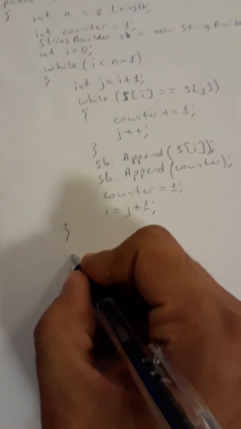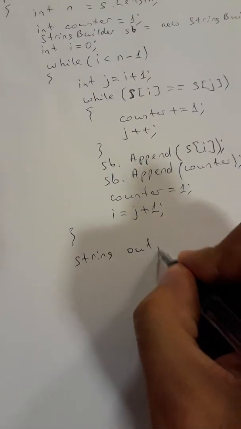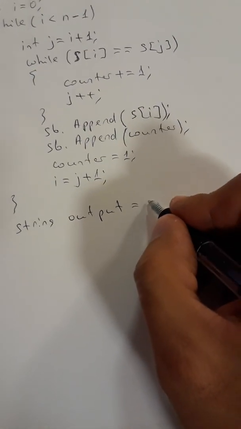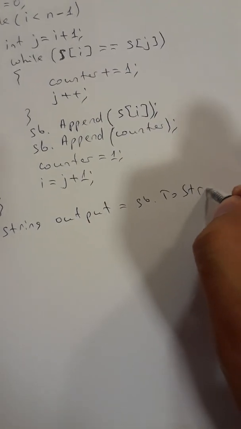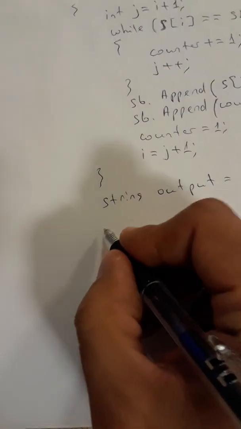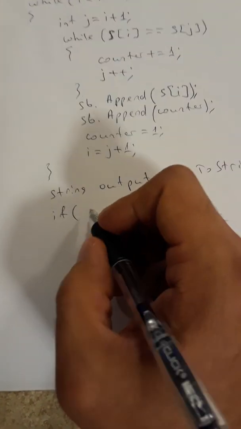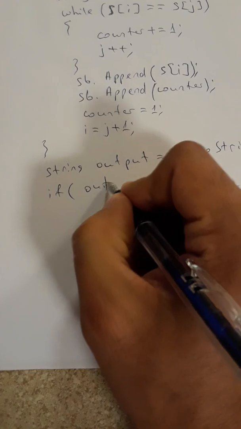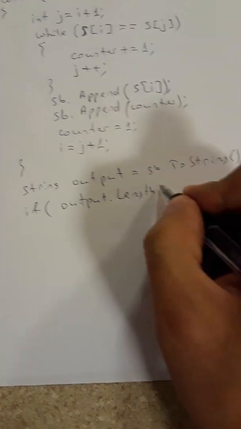So after that, I will convert my string builder to a string. We will call it string output. And here we will compare two strings, the output length.